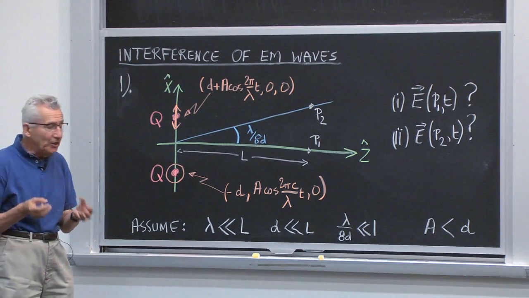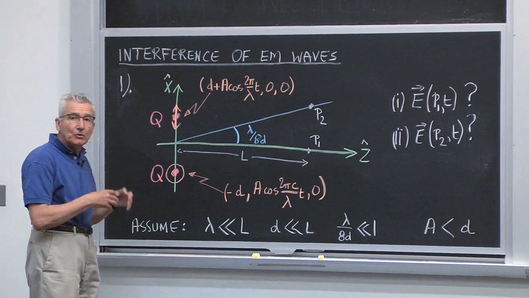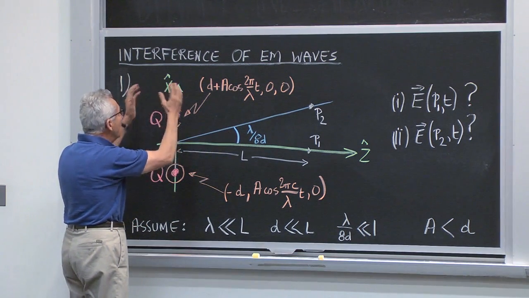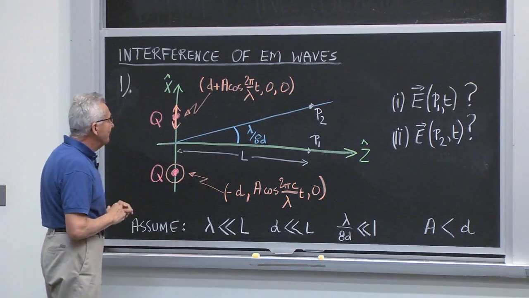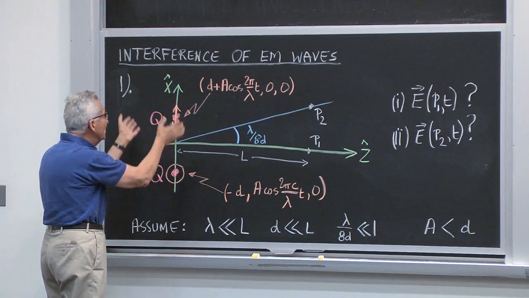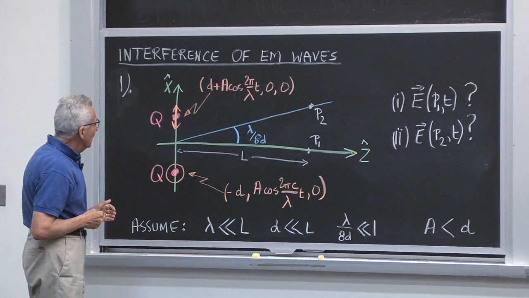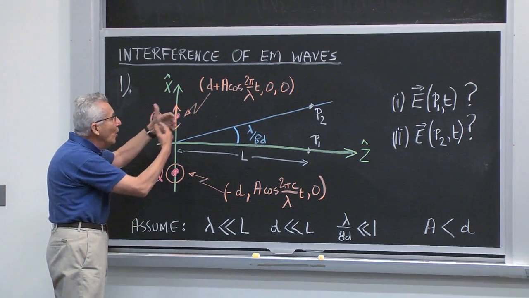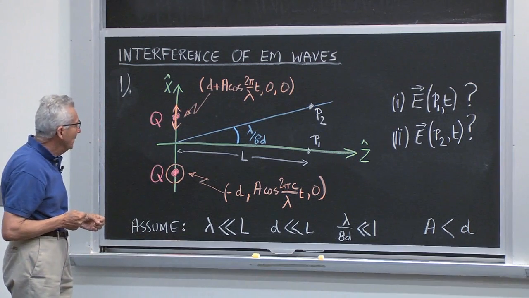Now, each one of these, you know what it does. It radiates a spherical wave with a certain angular distribution. All right? And the waves overlap in space.